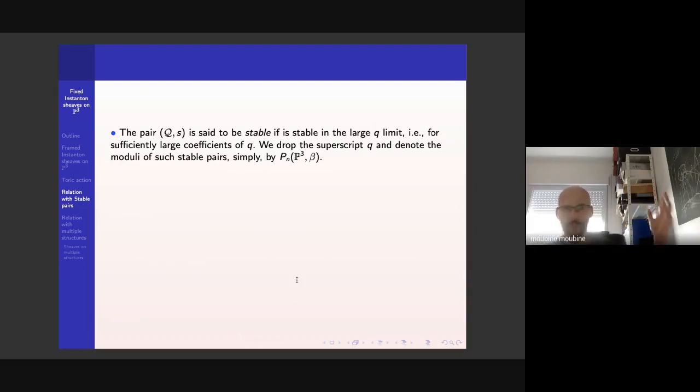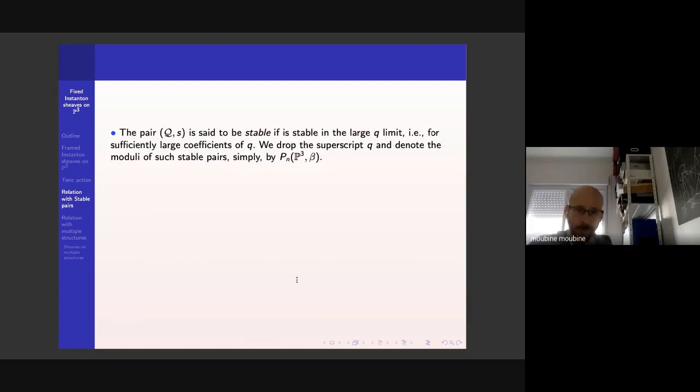So when the coefficients of Q are very large, then in this case we drop the subscript, and these are parametrized by a moduli space which was studied, and it has very good properties, such as a perfect obstruction theory, good deformation theory, etc.